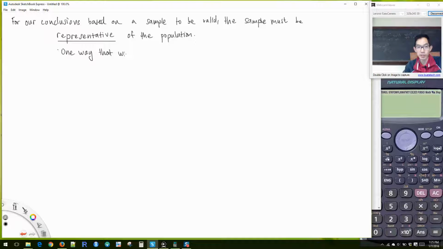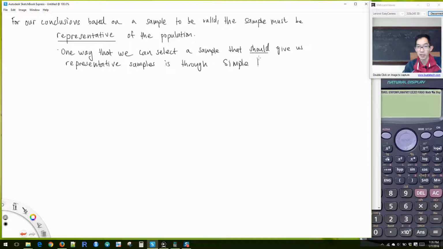And so one way that we can select a sample that should give us representative samples is through simple random sampling, or SRS.